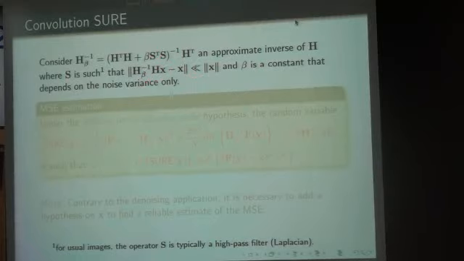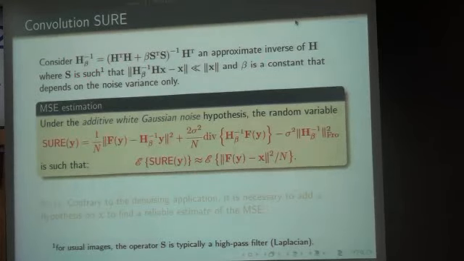For this reason, we need to define an approximate inverse in order to have a processing that is stable. So the extended SURE, in that case, is not exactly an estimate of the MSE, but approximately an estimate of this MSE, provided that the signal that we are looking for is, for example, low pass or something close to low pass.